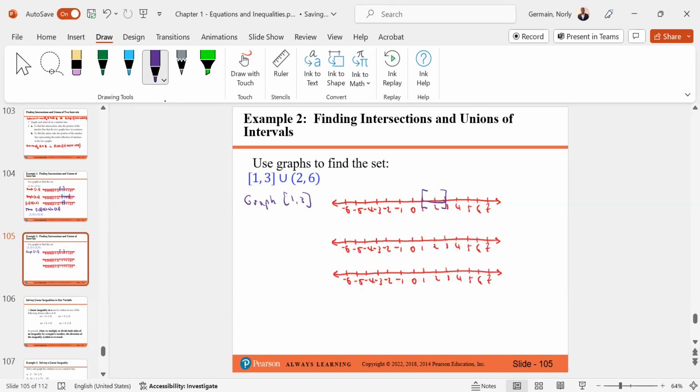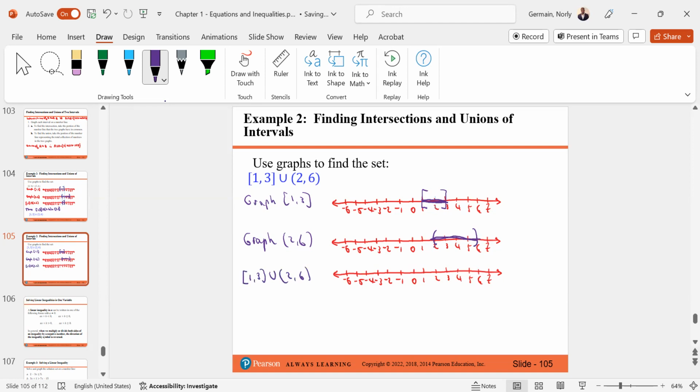That was our closed interval, right? The second one, we graphed the open interval (2, 6). That was our open interval. Remember that those are straight lines. And now they ask us to graph the union. So closed interval [1, 3] union open interval (2, 6).